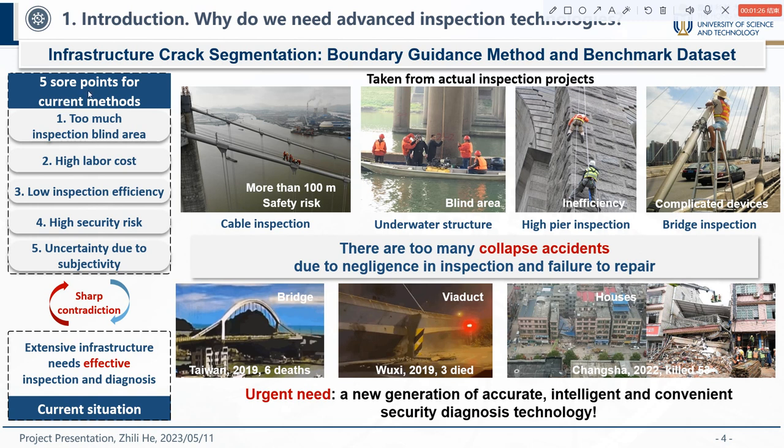So in general, there are 5 sore points for current methods, namely too much inspection blind area, high labor cost, low inspection efficiency, high security risk, and the last one is uncertainty due to the subjectivity of engineers. On the other hand, extensive infrastructure needs effective inspection and diagnosis.